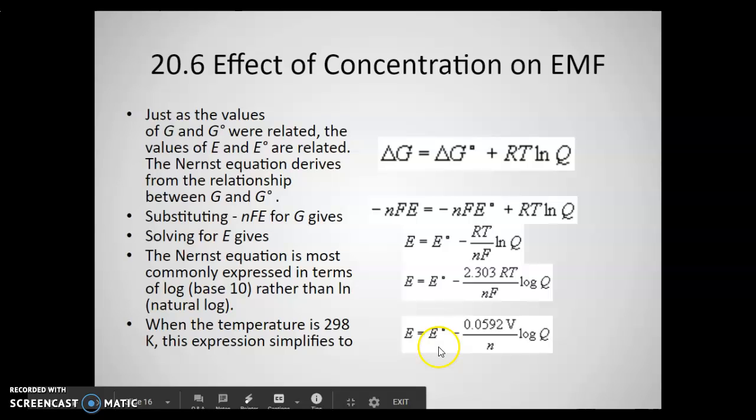This tells you your conversion factor between your cell potential at ideal conditions and your cell potential at real conditions, whatever the real concentrations of products over reactants are.